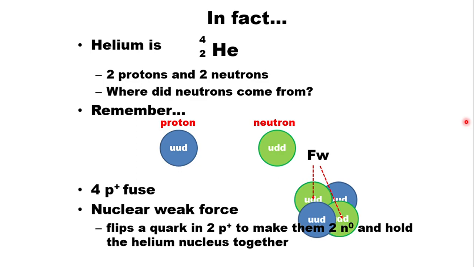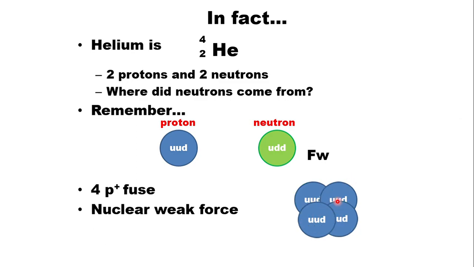And that's really important because remember that all 4 of these protons are repelling each other with the electromagnetic force. They're also holding each other with the strong force. But in fact, 4 protons repelling with electromagnetic force could not be balanced by 4 protons attracting with the strong force because of the distances that are involved.